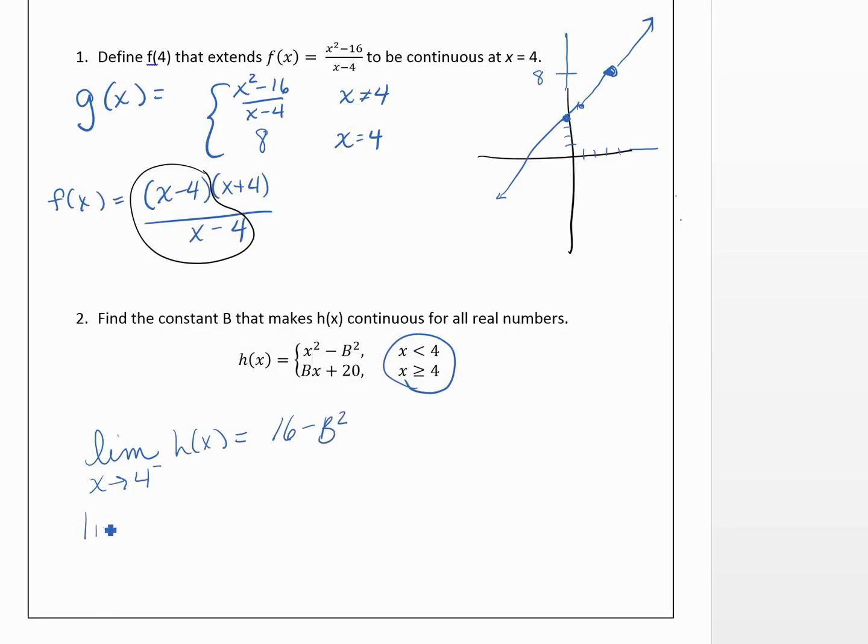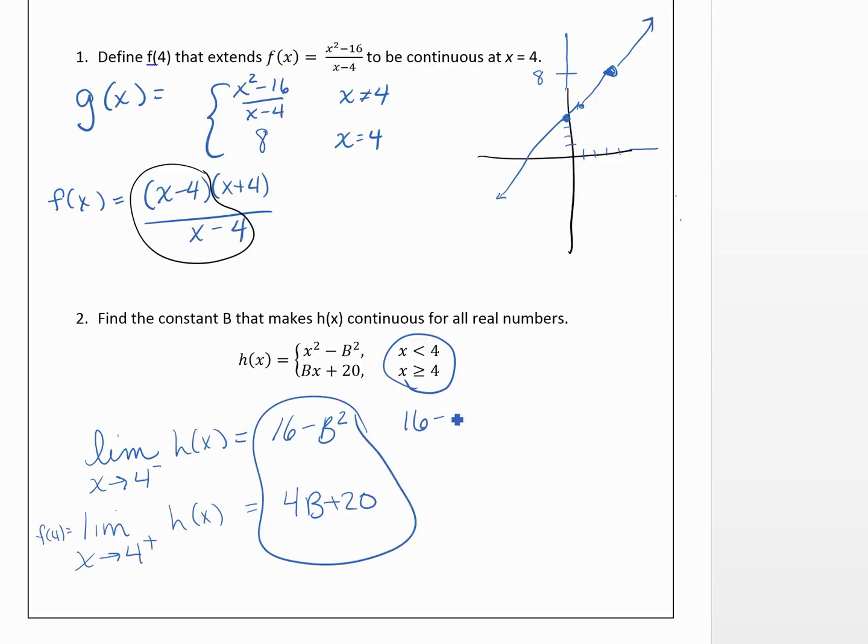And the right-handed limit and the function value here would be 4b plus 20. So this would be f of 4 and the right-handed limit. Now, for a function to be continuous, the limit has to exist, which means the right-handed limit and left-handed limit have to be equal. So we need to set these two things equal to each other.